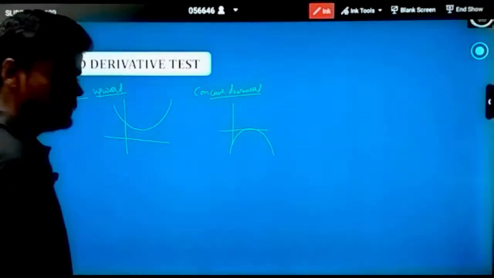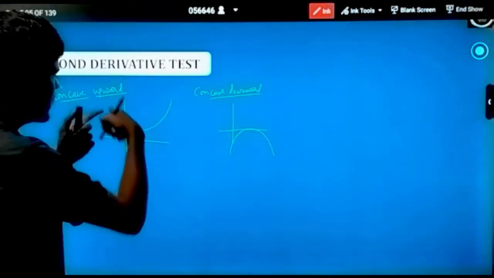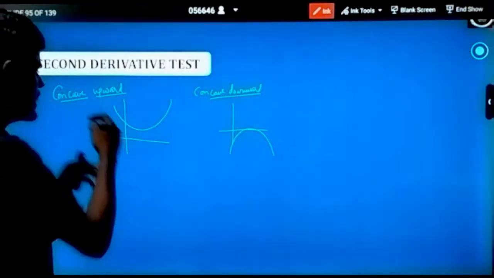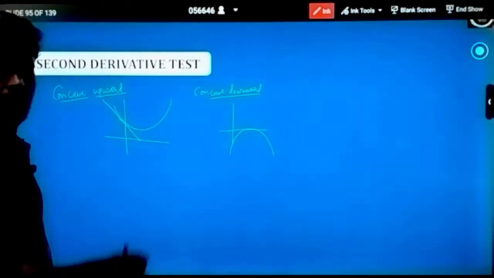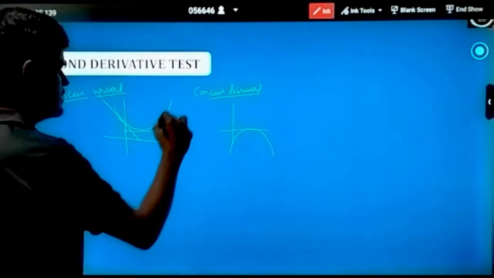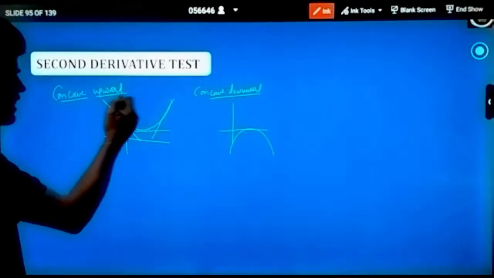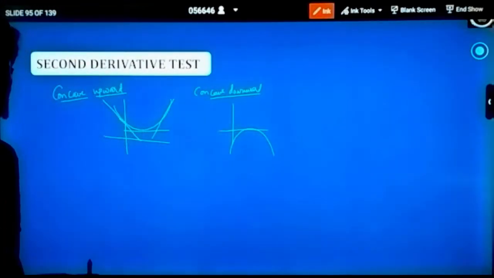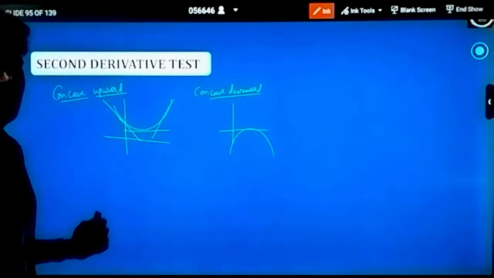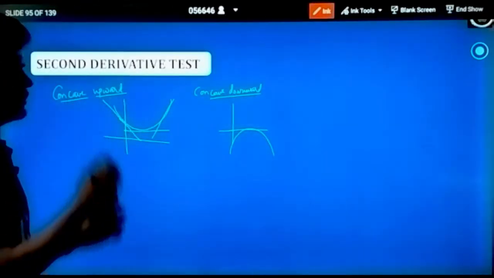Now by observation, for a concave upward curve, wherever we draw a tangent, this tangent will always lie below the curve, or the curve lies above the tangent. So for a concave upward curve, the tangent always lies below the curve.